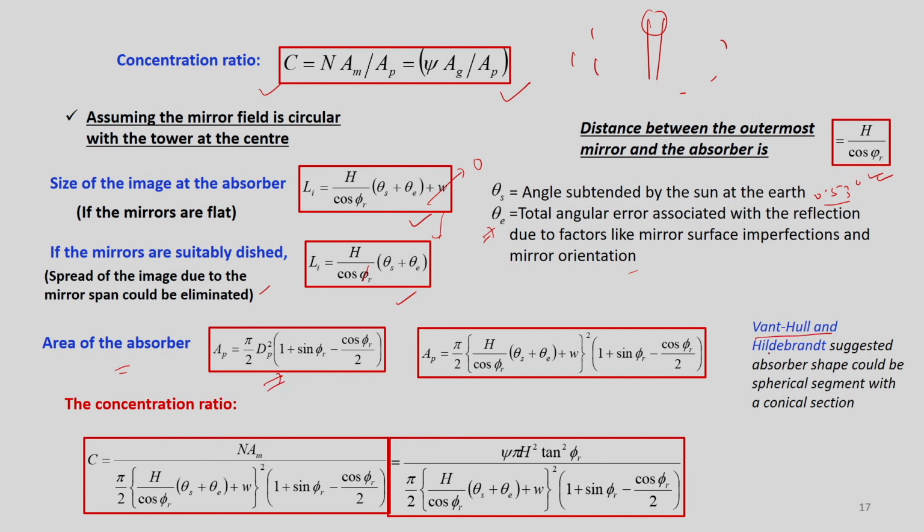These two researchers have suggested the observer shape could be a spherical segment with a conical section. Based on their suggestion, they have calculated the observer area, which is Ap equal to pi by 2 dp square, in brackets 1 plus sin of phi r minus cos of phi r divided by 2.